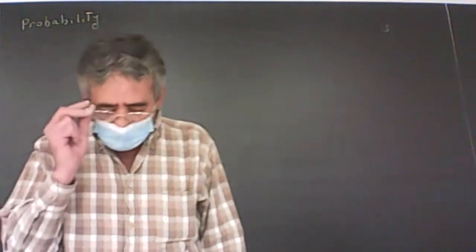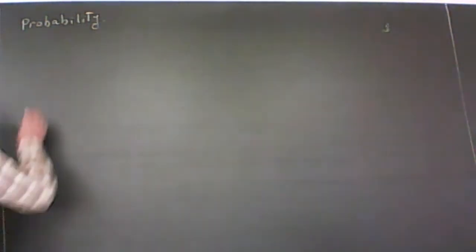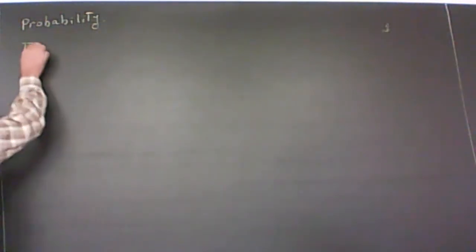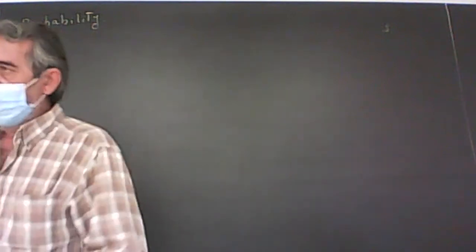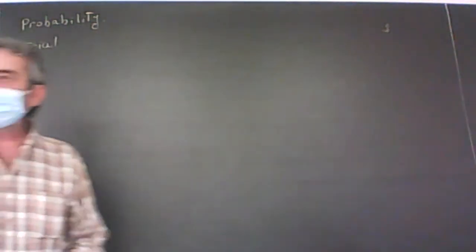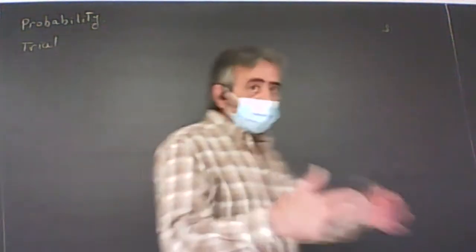There are a few definitions. Let's go ahead and look them up. The experiment you do is called a trial. So, for example, whatever experiment I'm doing on whatever things I'm interested in, this is normally called a trial.